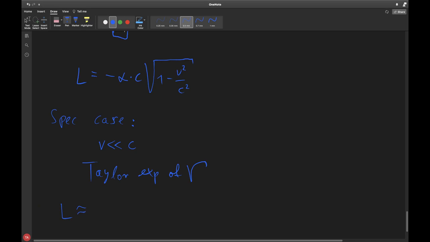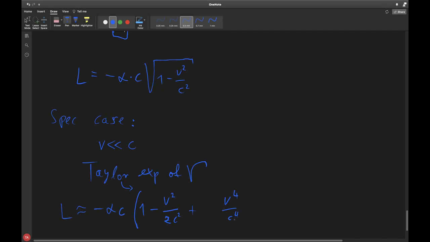And so essentially, the outcome of this is that we have here the minus alpha c, and then coming here the Taylor expansion is that we have a 1, we have a minus v squared over 2c squared, and then to this we have terms which go with v to the 4 over c to the 4. But just think about it that v was a very small number. So the fourth power of a small number is going to be a tiny number.